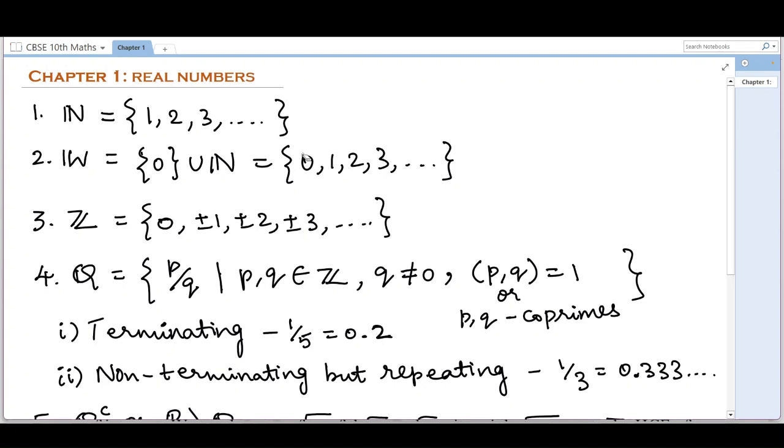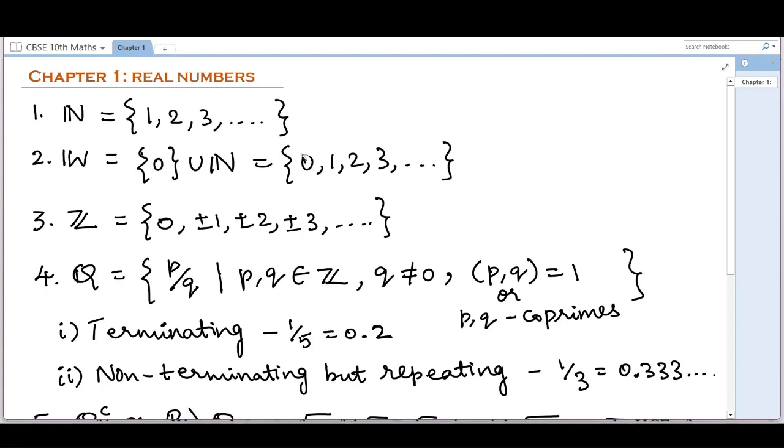Therefore, all the natural numbers are rational numbers. Similarly, 0 is also a rational number, because if we divide 0 by any non-zero integer, again the value will be 0. So 0 can also be written in the form p by q. Therefore, whole numbers are also rational numbers.